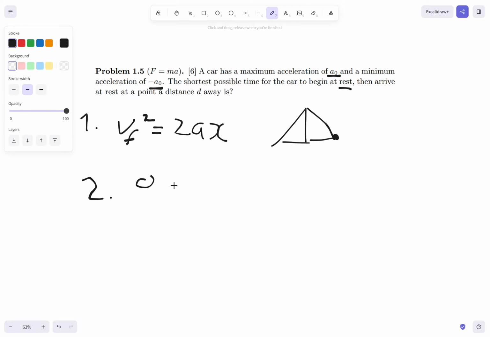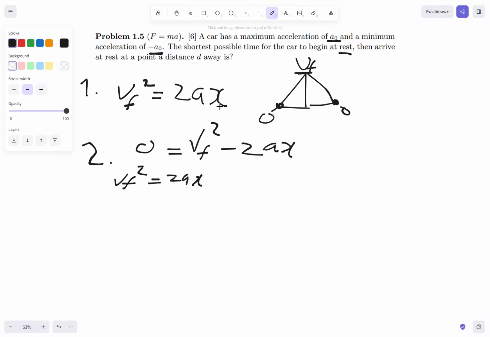So 0 equals vf squared minus 2ax, because you start at vf in this phase going down, and it's 0 here.